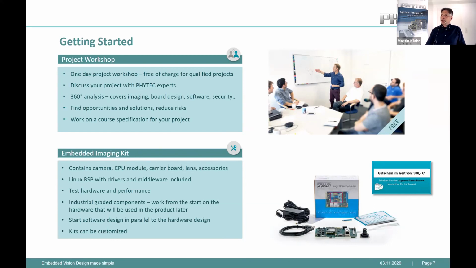I was talking this summer to many customers, and I heard that there have been delays in the product development. So we were thinking, how can we support you better in this situation? So that's why we add this support package Basic Plus to each of our kits. This is, I think, valid until the end of this year.